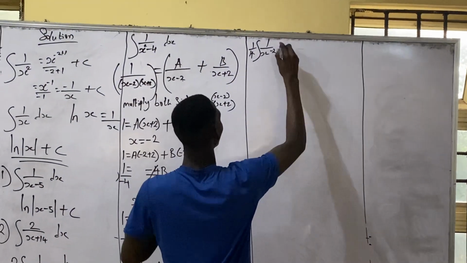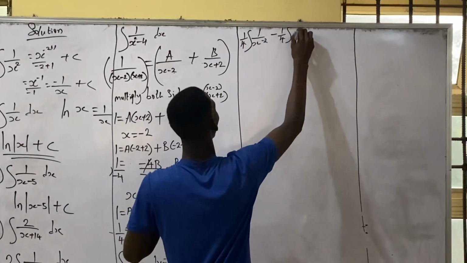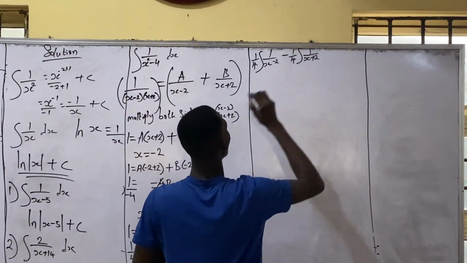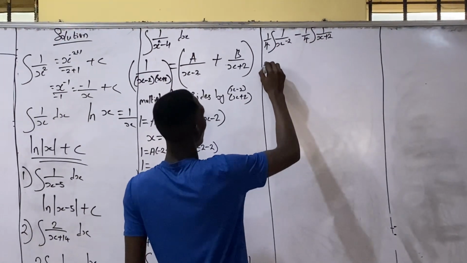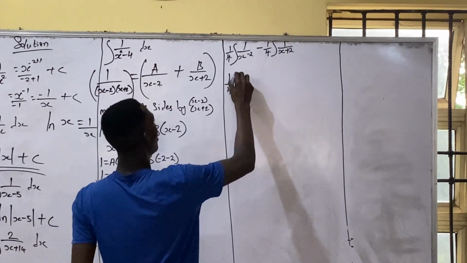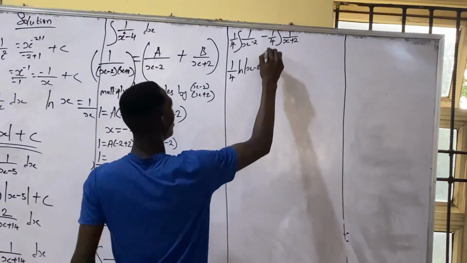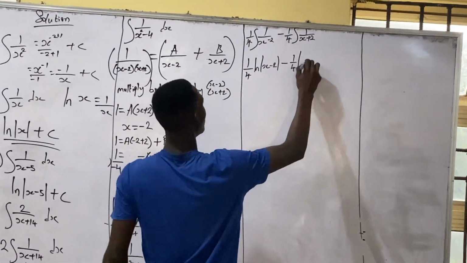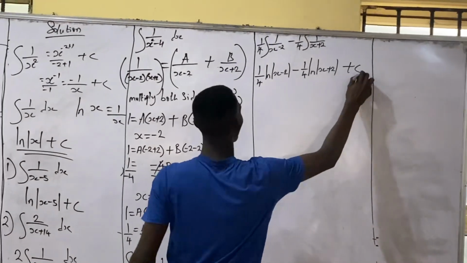Therefore, this sign is going to be changed to minus 1 over 4 integral of 1 over x plus 2. With that being said, we can now write it as 1 over 4 ln(x minus 2) minus 1 over 4 ln(x plus 2). Then we add our constant.